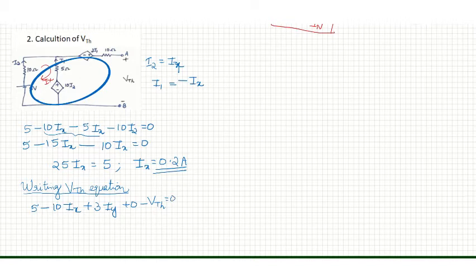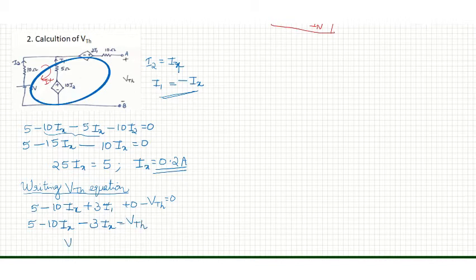So 5 minus 10IX plus 3I1, and I1 is equal to minus IX, so minus 3IX, is equal to Vth.